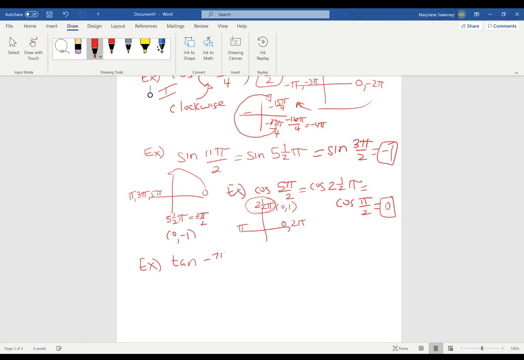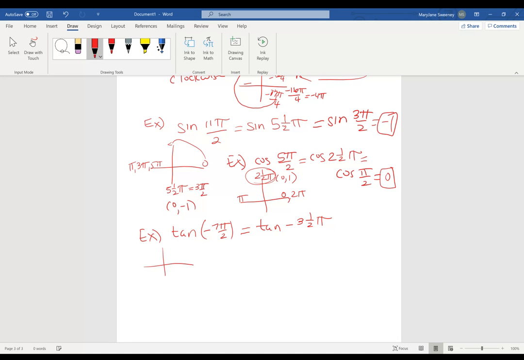Tan of a negative 7 pi over 2. So that's tan of negative 3.5 pi. Okay. You're going clockwise. Here's a negative 3 pi, because all my odd pi's lie over with pi. And here's negative 3.5 pi, right?